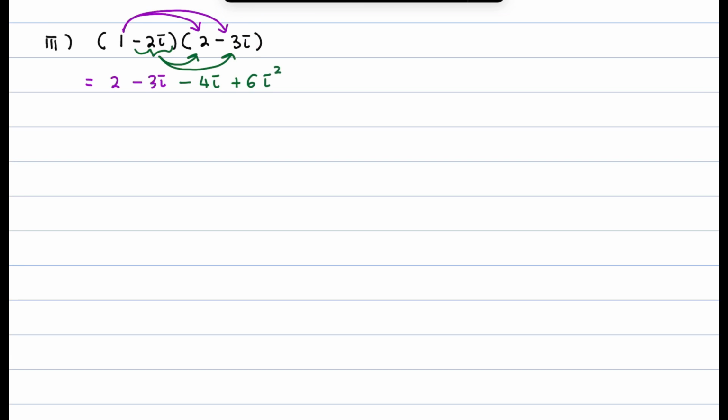Okay, now there are a few things that you have to see over here. First, you can collect the negative 3i and negative 4i together, but for this i square, you have to use the properties of i, which give you i square equivalent to negative 1. As such, you have to simplify. You cannot leave it as just i square. So if i square is equivalent to negative 1, you have to rewrite the 2.